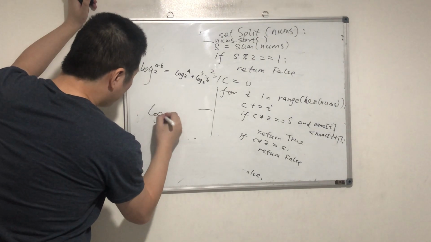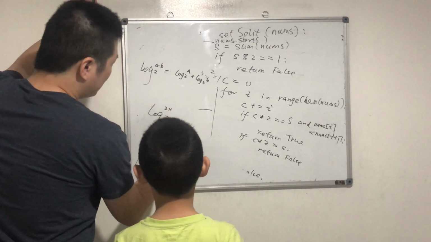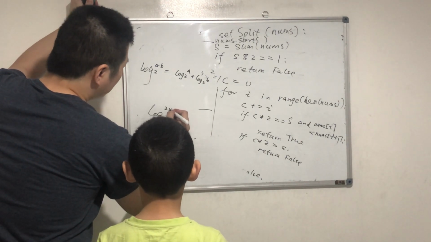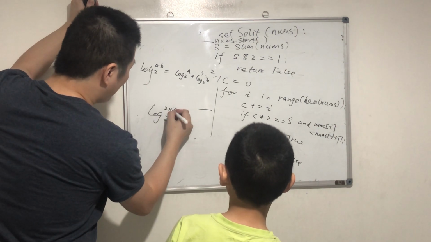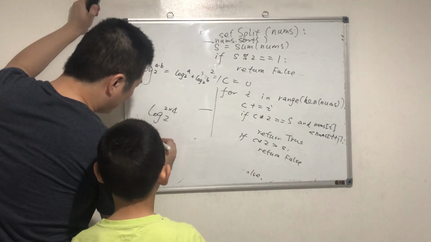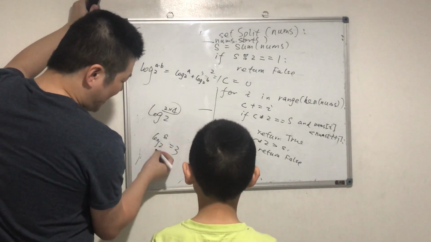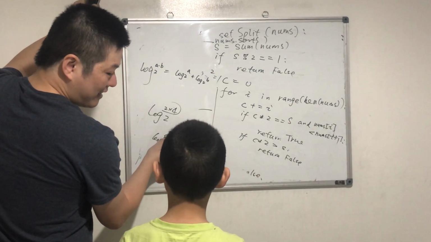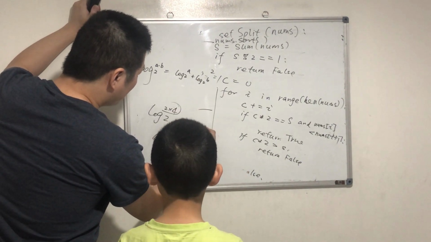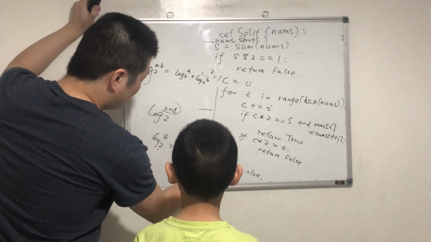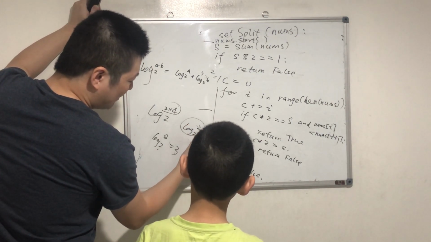Let's say a is 2 times, well, maybe 4, okay? Let's see if it's 4. Log 2 of a, this is 3, yeah? 2 to the power of 3 equals a, right? And this is log 2 plus log 2 of 4, right? 2 to the power of 2, 2 to the power of 1, this is 1, right?